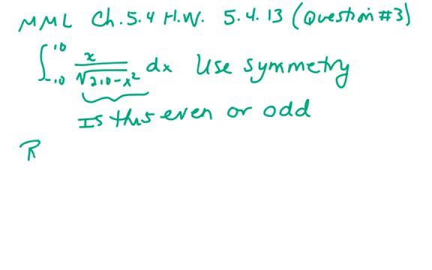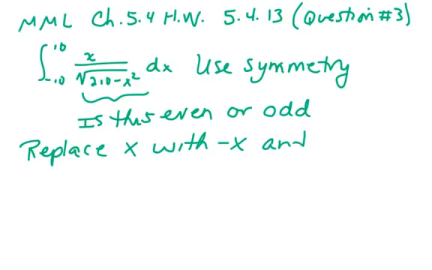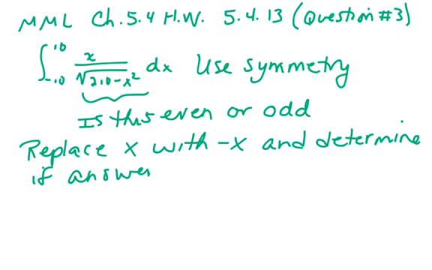And to do that, we're going to replace x with minus x and see what we get, and determine if the answer is the same, so in other words it's the same y's, or is it a negative y?